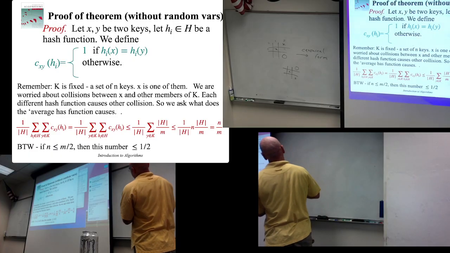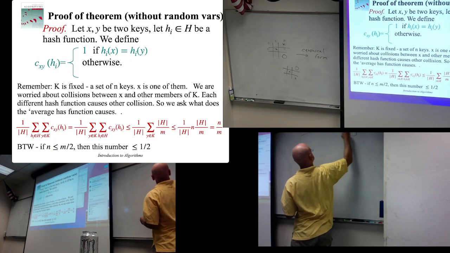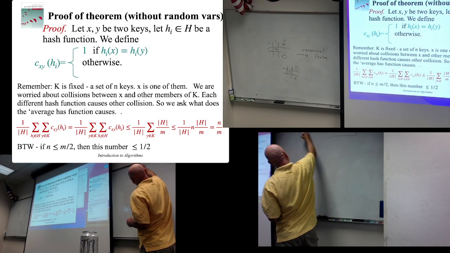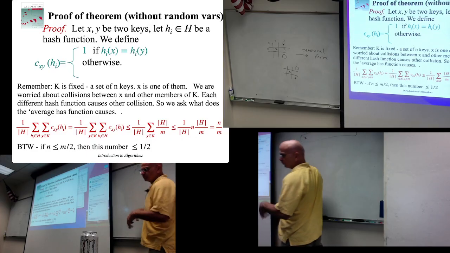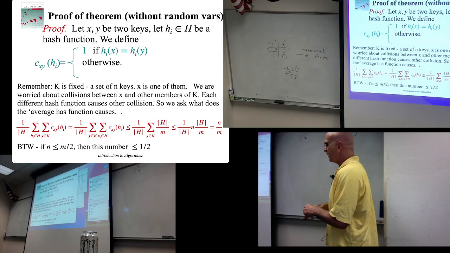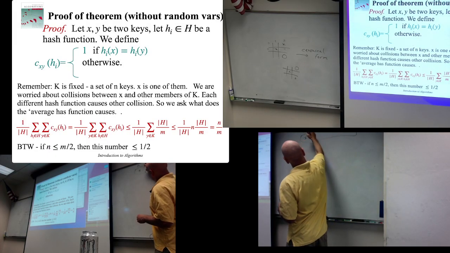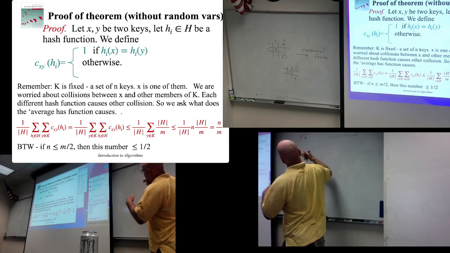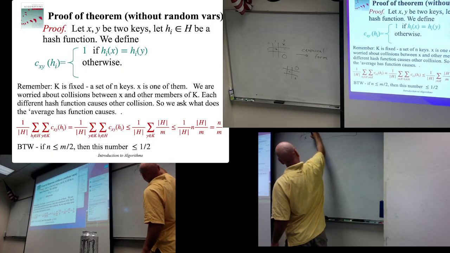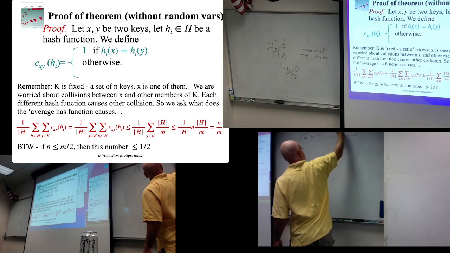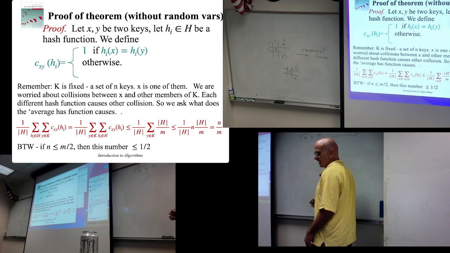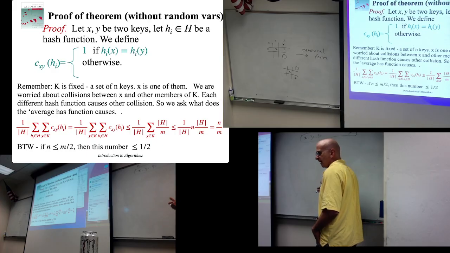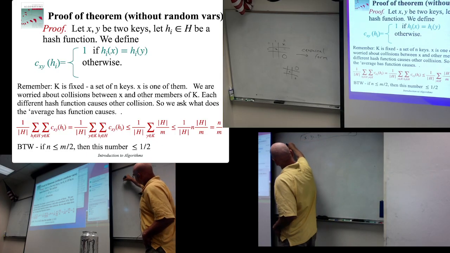So let's think about the experiment. Here I have capital K, which consists of the key x, my favorite key, my very privileged key x, and keep looking at it. And then I have y1, another key, y2, all the way up to yn minus 1. This is the set of students that are going to be admitted to the university.